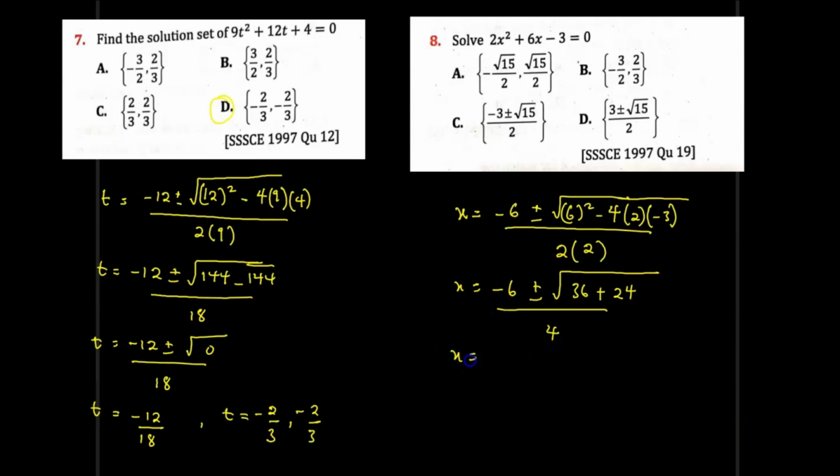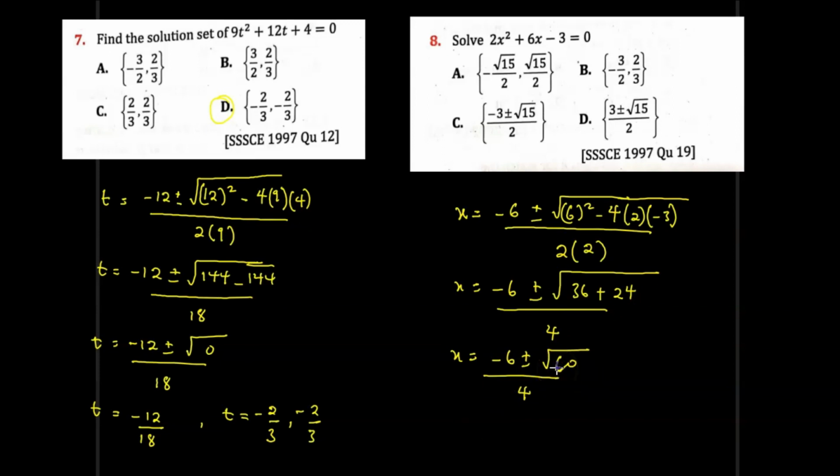Going further, x will be equal to minus 6 plus or minus, simplifying 36 plus 24, that will give us an answer of 60. So we have square root of 60, all divided by 4. Now you realize that square root of 60 can be simplified.